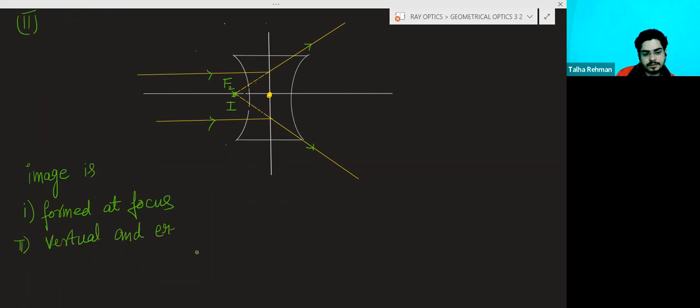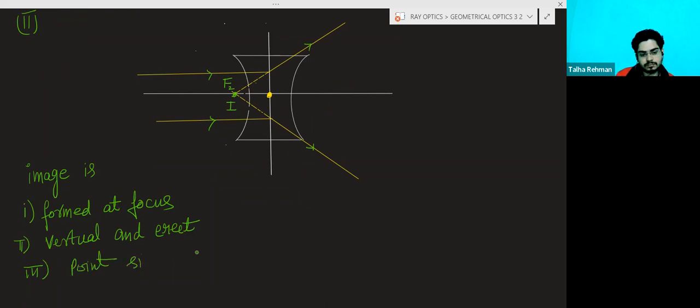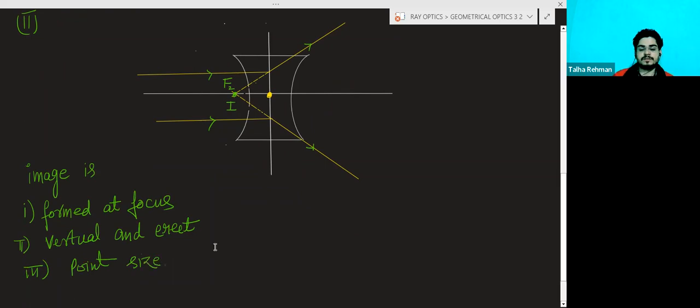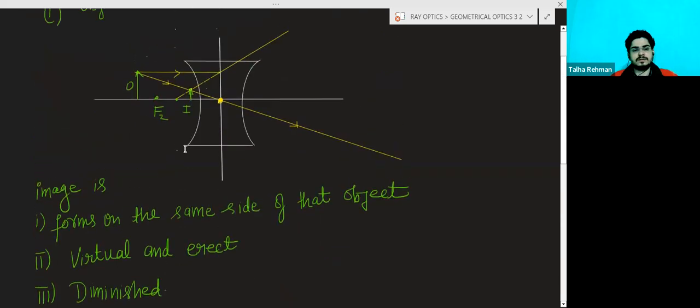And number third, point size. So see, the image is very, very small as compared to the object. Object is at infinity, that is very large.